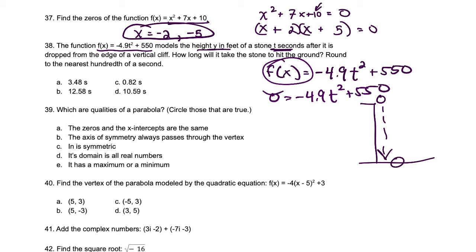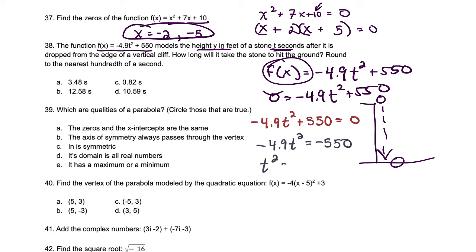So just put 0 in for the y value. To solve this guy, I'm going to flip him around, because we usually have our numbers on the left and the 0 on the right, or t squared on the left. This is just a quadratic. See that t squared? To solve this quadratic, since there's no b term, there's no t to the first power, we're just going to use the square root method. 4.9 t squared equals 550.